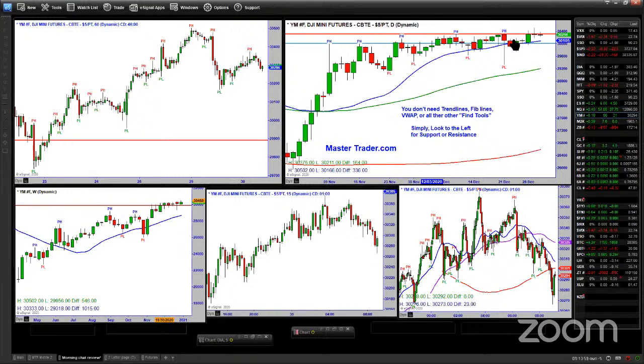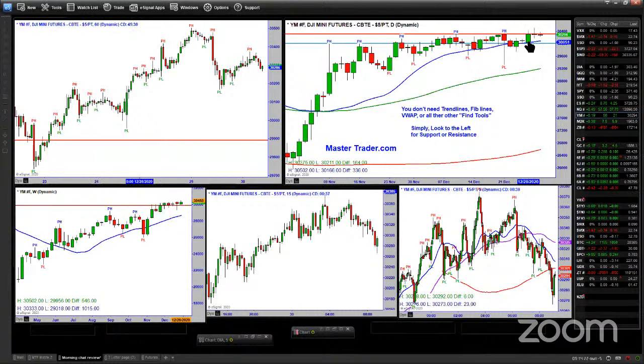Just wow. I wrote in the advisory letter over the weekend, could a chart get any more boring than this one? Just going sideways for a couple of months there. Buyers step up on the dip. Yesterday it took out the high. It didn't really do any damage.